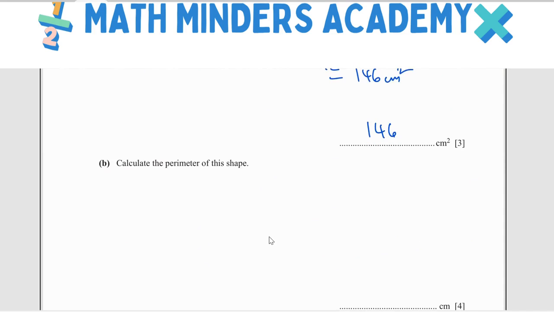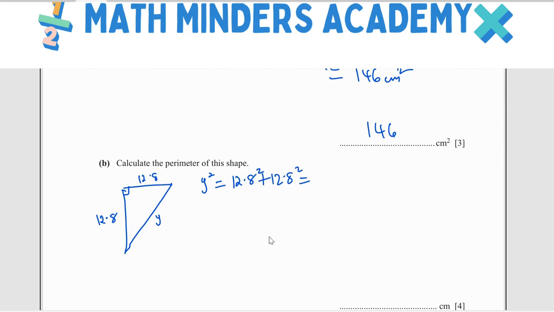The triangle has three sides. So this is 12.8. This is 12.8. We do not know this, so we are going to find it. Now, for us to find y, we say y squared, using Pythagoras, will give us 12.8 squared plus 12.8 squared.